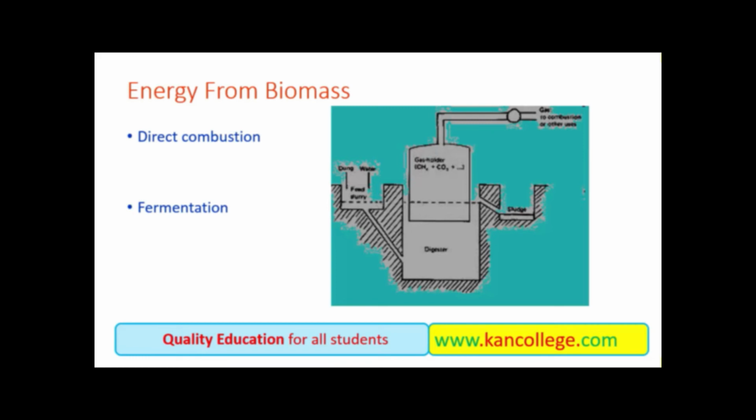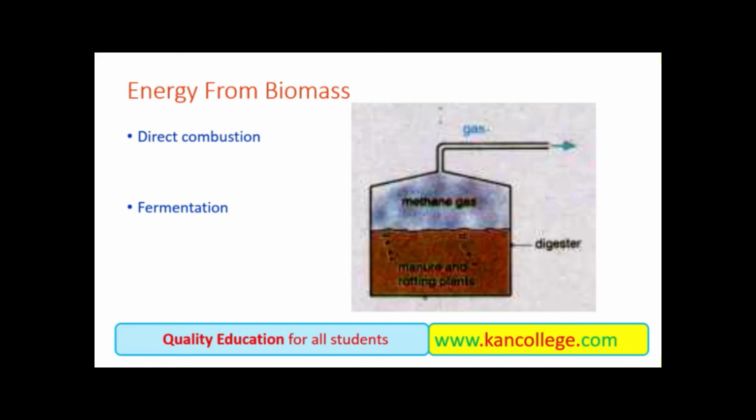In this way, a continuous process of methane production continues. Production of methane gas in this way is very cheap, and it can be used for domestic and other purposes.